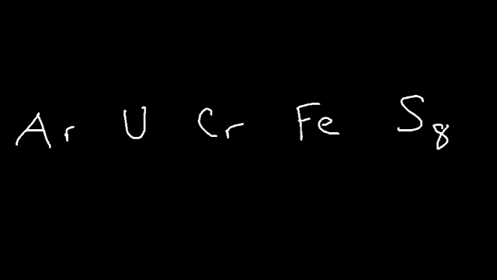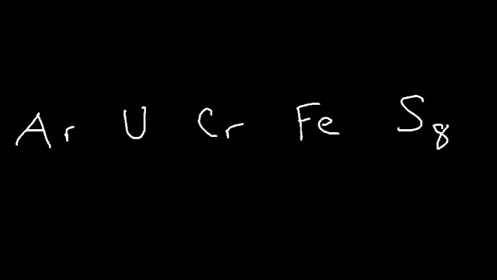So which of the following elements is attracted to a magnet? Which element can be magnetized? It turns out iron metal is ferromagnetic, thus the symbol Fe. Iron metal, if you put it next to a magnet, it's going to stick to the magnet.